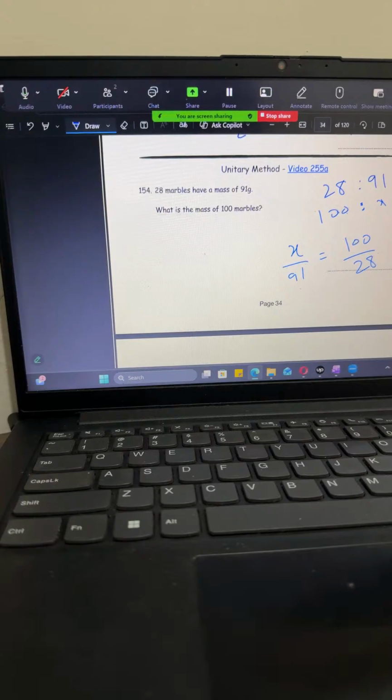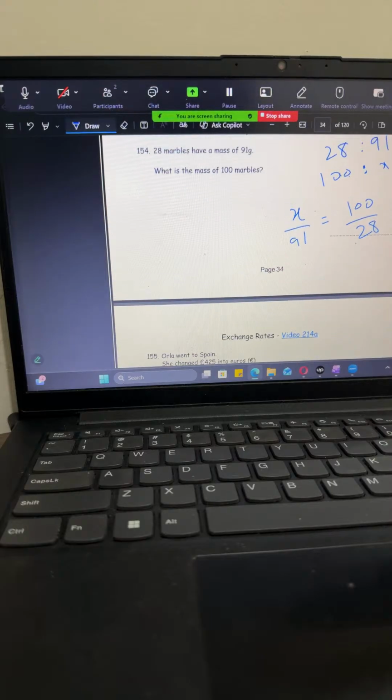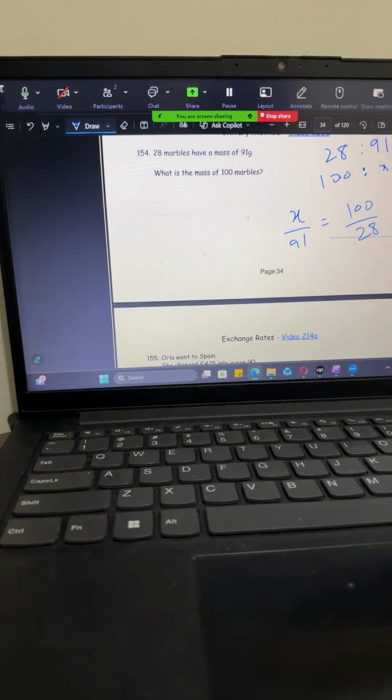Okay. Should I give it in fraction form or decimal form? Fraction will be better. It's 25 over 7. Did you multiply it with 91 as well? Oh, wait. I just wrote 100 divided by 28 in my calculator. But we need to find x, right?